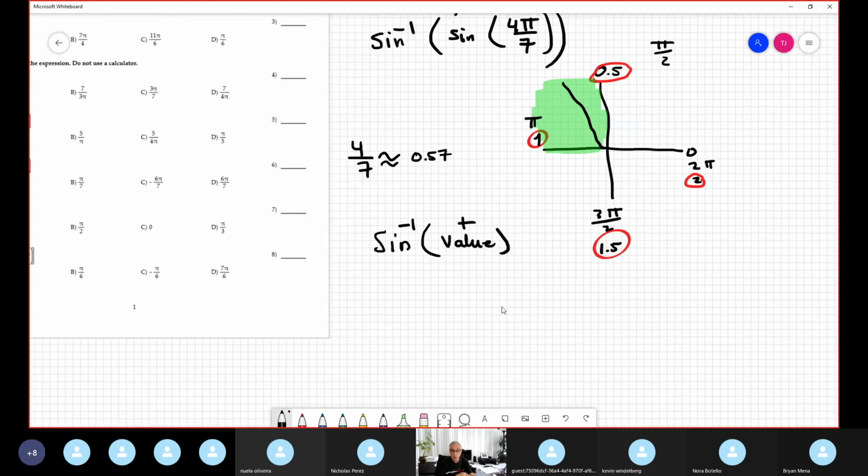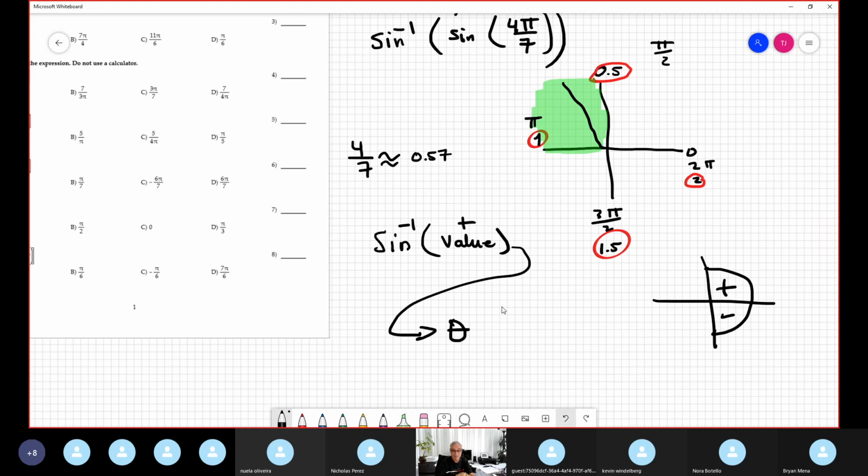When the value inside the sine inverse is positive, my answer lies in the first quadrant. Okay, entonces now my answer, theta, lies in the first quadrant. Do you understand this idea or no?